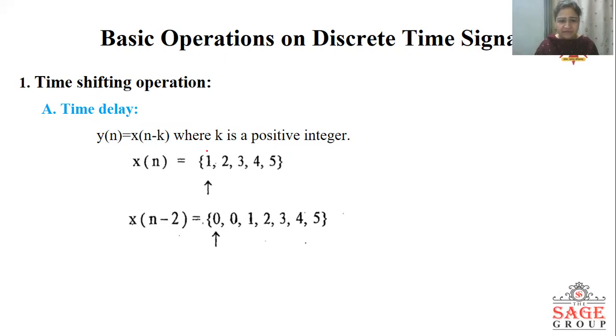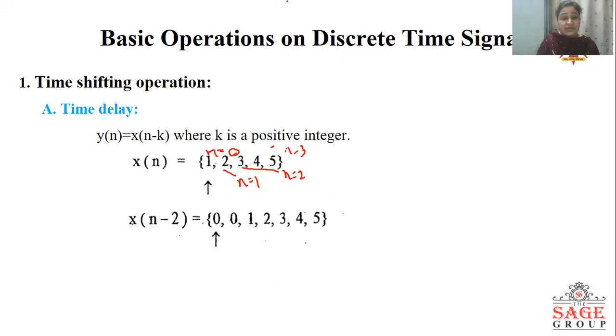That means 1 means that the sample is at n equal to 0. Similarly, 2 means that the sample is at n equal to 1. 3 means that the sample is at n equal to 2. 4 means n equal to 3, and so on.